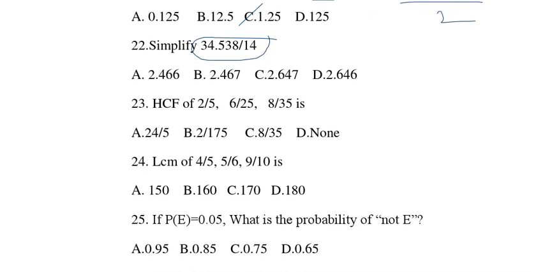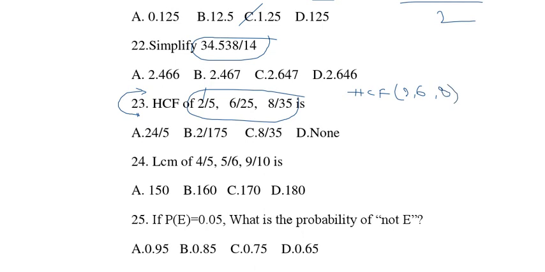If we know HCF and LCM, but coming to this case, when the problem is in the form of fractions, in the numerator you find the HCF of the numerators, that is 2, 6 and 8, and the same for the denominator, the LCM of the denominators, that is 5, 25 and 35.